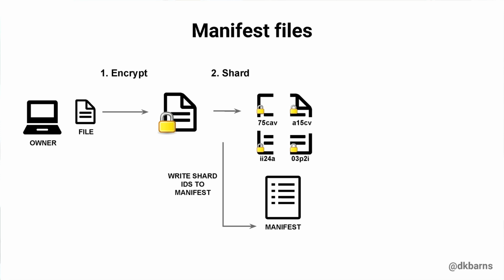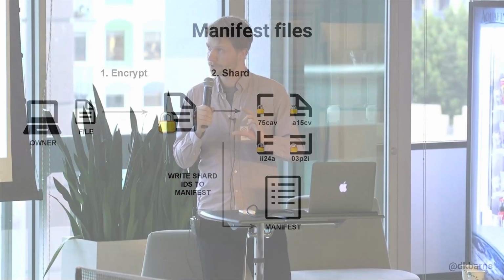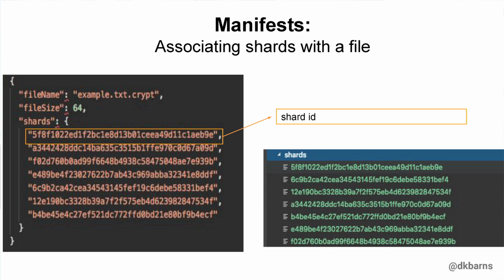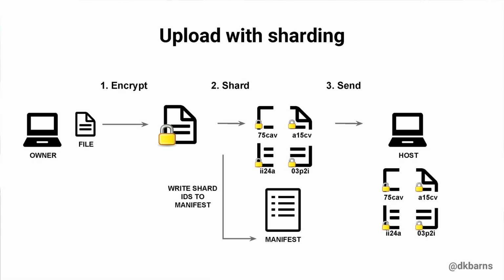Manifest files are going to help us retain the order of our shards, keep the file name, and keep track of the shards in order as well. Here we can see a simple JSON-like object in a file, and we can do this without databases, which is nice.